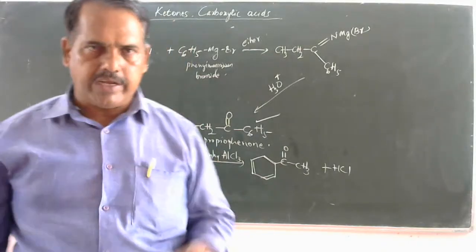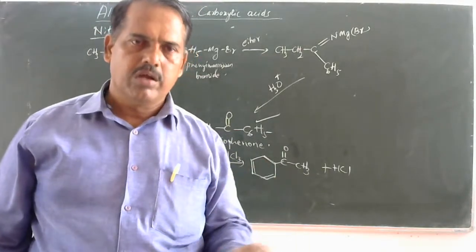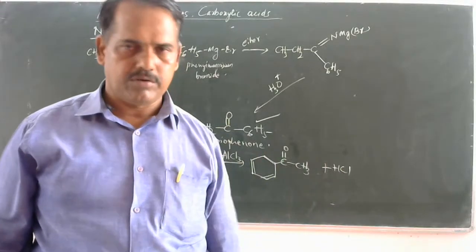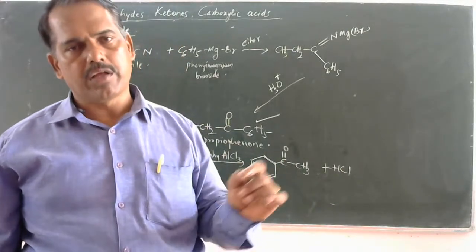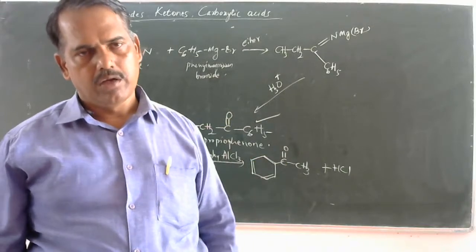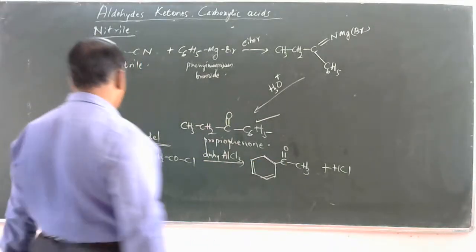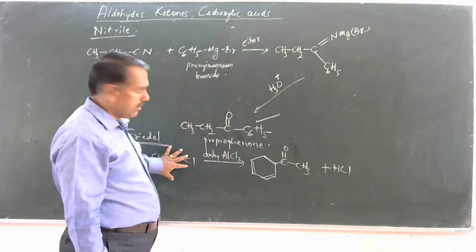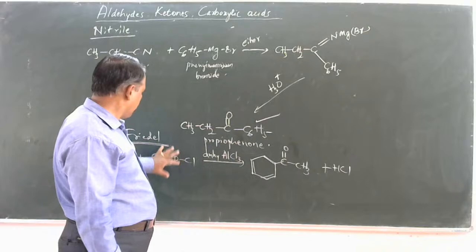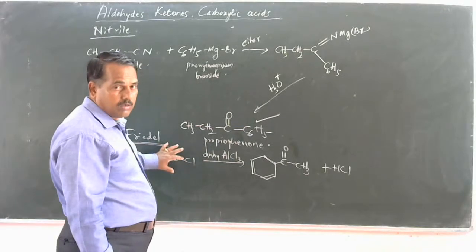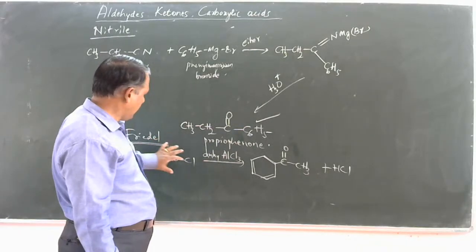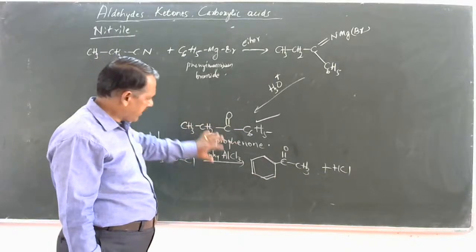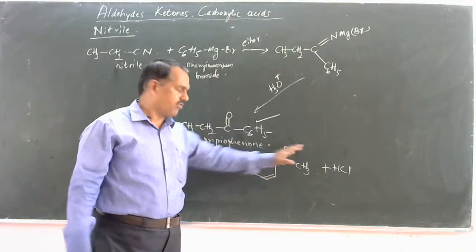If the reagent anhydrous aluminum chloride is used, it is called Friedel-Crafts reaction. Are you clear? In Friedel-Crafts reaction, benzene is treated with acetyl chloride, not methyl, in the presence of anhydrous aluminum chloride, and acetophenone is obtained.